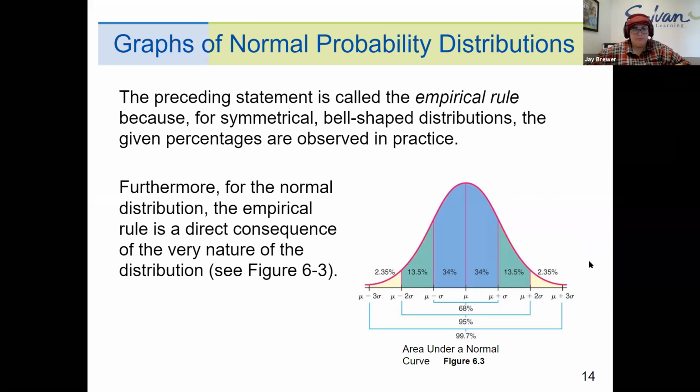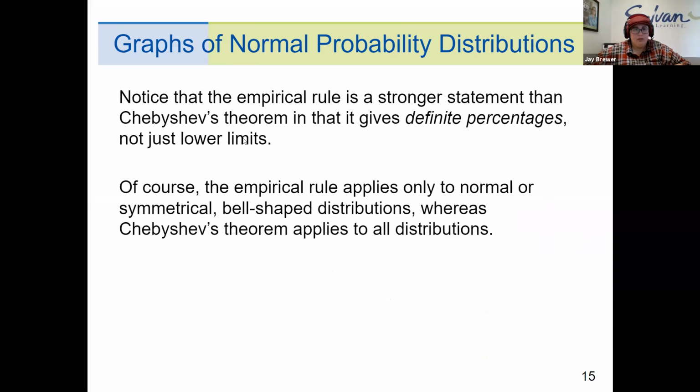All right. Notice that the empirical rule is a stronger statement than Chebyshev's theorem in that it gives definite percentages, not just lower limits. Chebyshev, if we haven't already covered that, then it's coming. It's another big cornerstone.